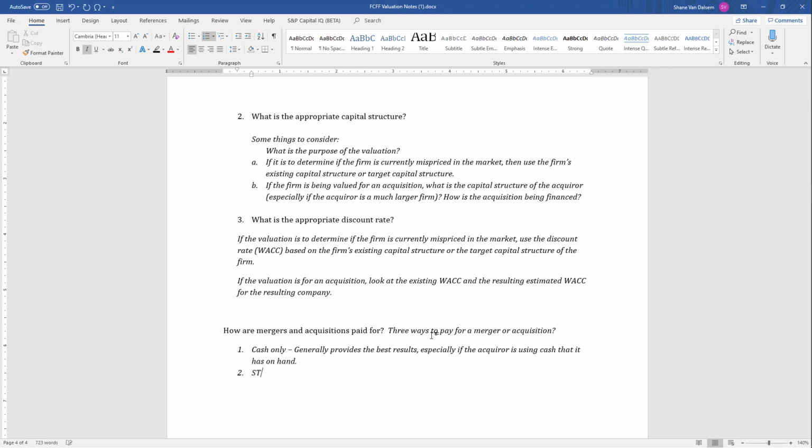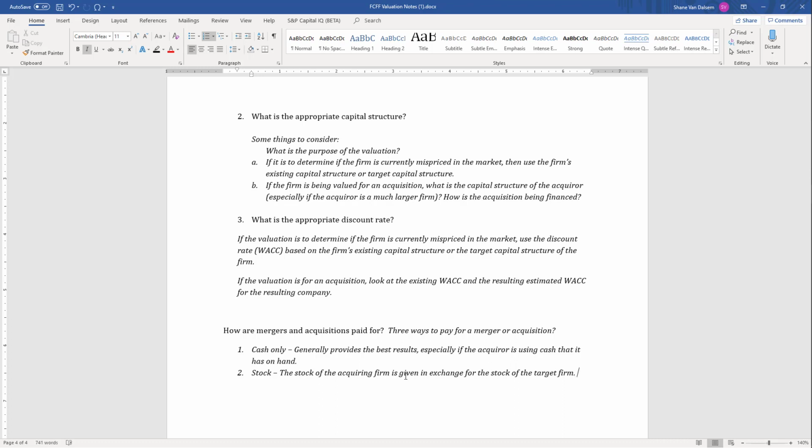Stock. So when this occurs, the stock of the acquiring firm is given in exchange for the stock of the target firm.